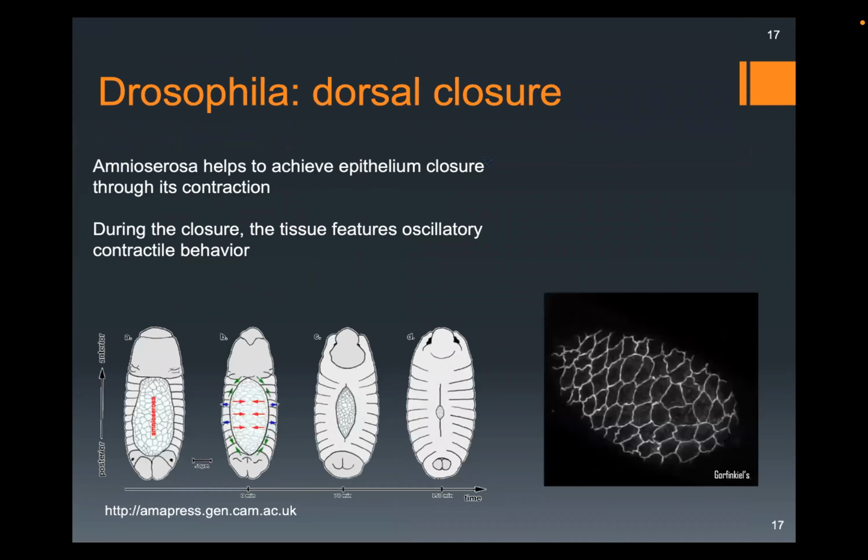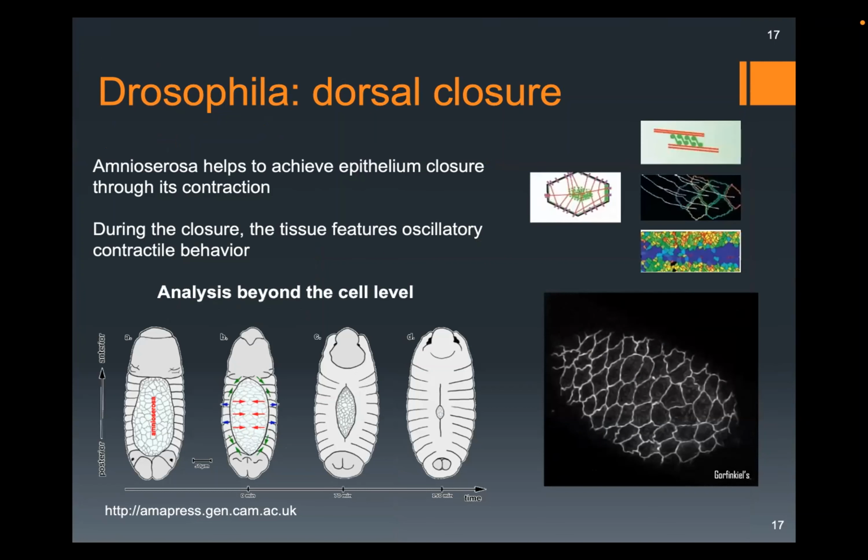And this is different from another type of process, like in the dorsal cluster, which is not a vertebrate, that is a contraction. And it's at the tissue level, but it's not at the embryo level.